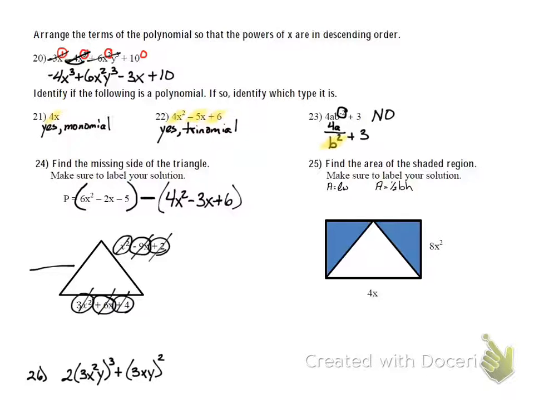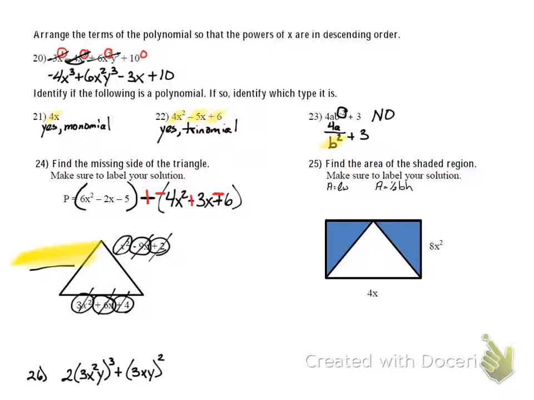So that was what the two sides added together equal. So now I just take the total minus those two sides, and the leftover will be what my missing side here is. So you need to remember that when you are subtracting polynomials, you want to change the subtraction sign into an addition sign, and then change all of the signs of the second polynomial.